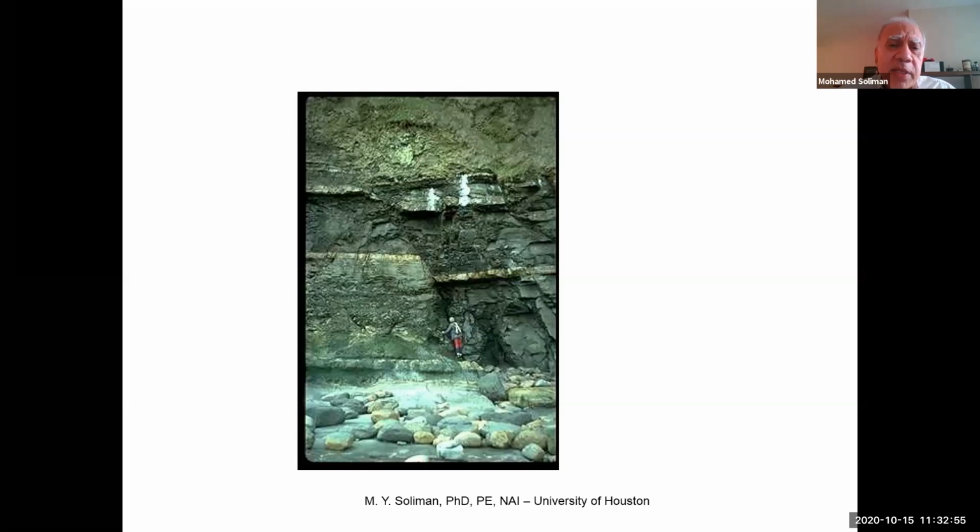This is a similar situation. You see the fault here, and you see that the little man is working on it. You can see that this side, the right-hand side part of the formation, dipped down. So at the time, it was normal stress regime.